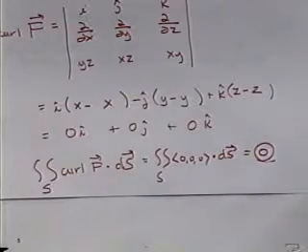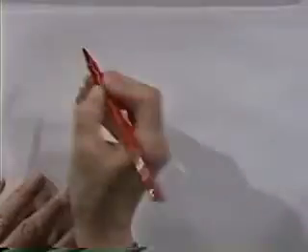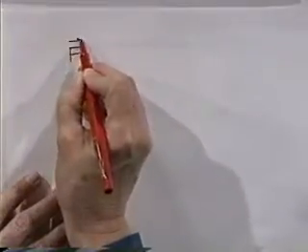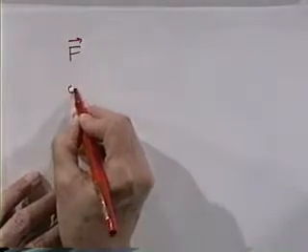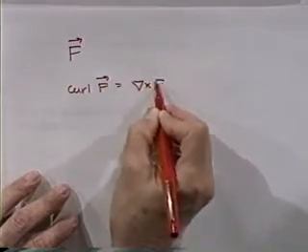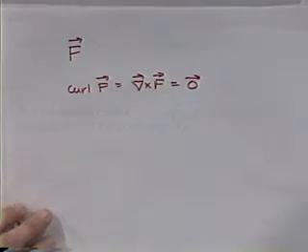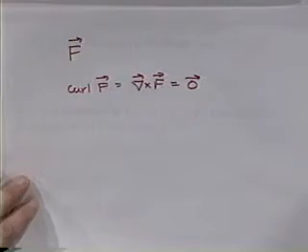Now, let's tie some things together. Who can remember anything? When you have a function F and its curl is 0, what were some of the things we learned in the previous sections?